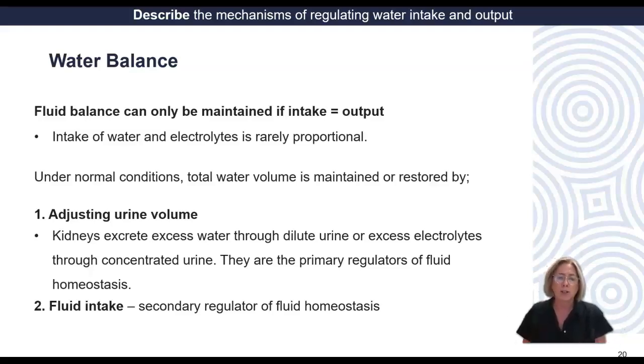So under normal conditions, the total water volume is maintained or restored by adjusting the urine volume, as I've mentioned. The kidneys can excrete excess water through dilute urine or excess electrolytes through concentrated urine. And they're the primary regulators of fluid homeostasis. And secondly, fluid intake, which is the secondary regulator of fluid homeostasis.